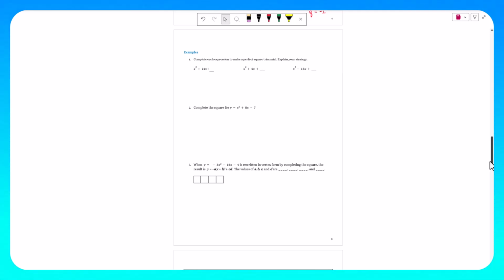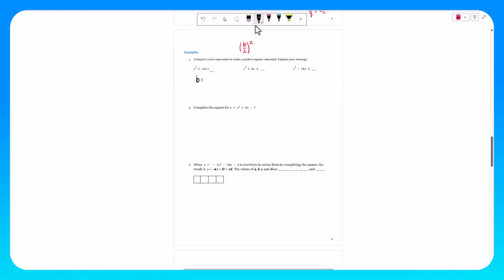So now that we know to make a perfect square trinomial, we take the b term, or the middle term, we divide it by 2, and we square it, and we add that to the end. So let's do that for this one right here.